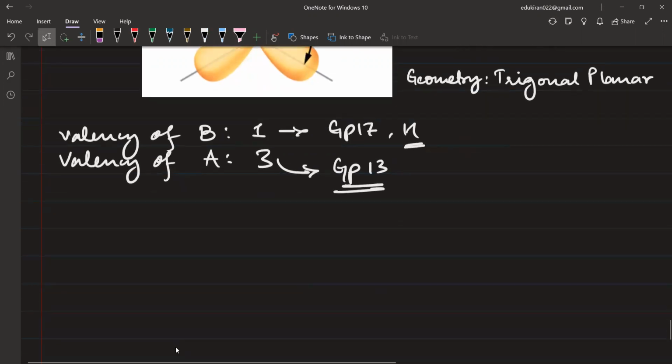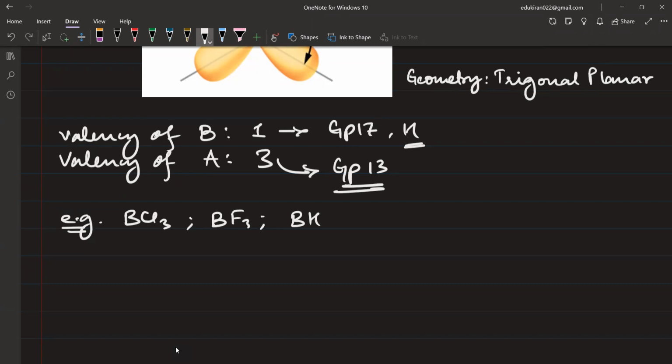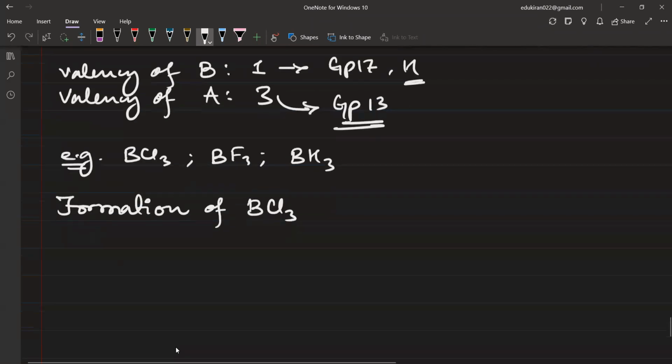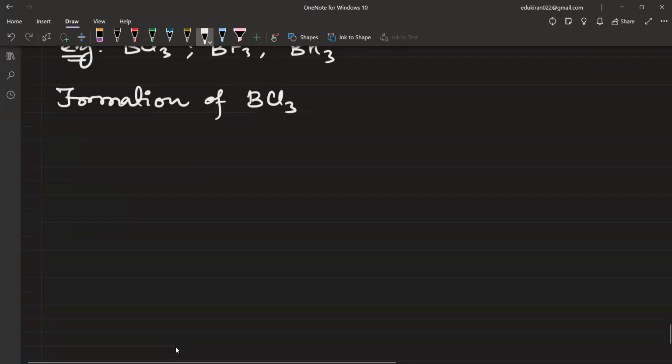Now, there are many examples that you can make. BCl3 is there. You can make BF3. You can make BH3. So write an example of the formation of BCl3.